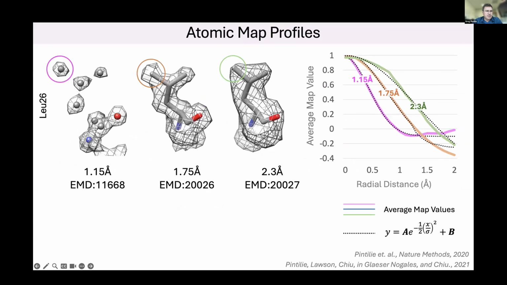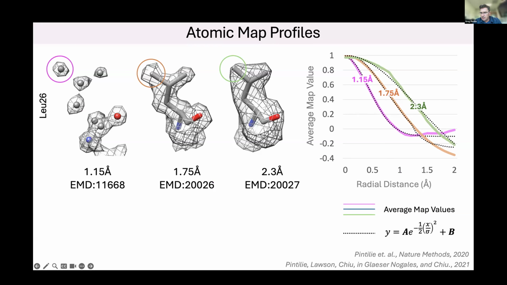And then we did this with lower resolutions. This was the 1.15 angstrom resolution, so a single Gaussian fitted to that. At 1.75, again, it's Gaussian-like, and we fit a Gaussian to it. Again, not surprisingly, it's Gaussian-like, and it has a higher standard Gaussian width.